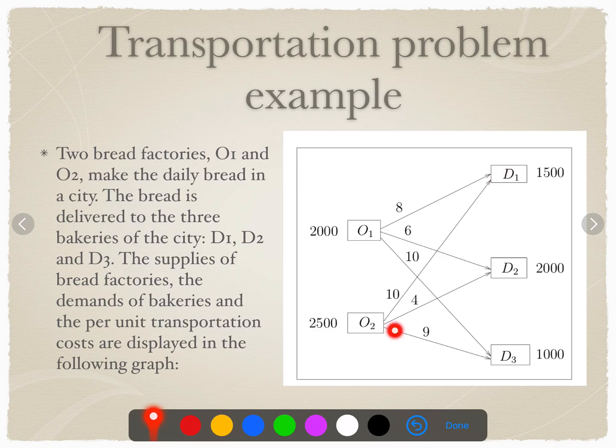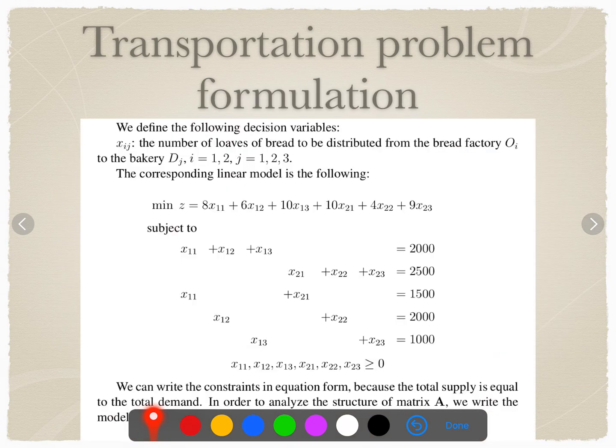Similarly, 10 is the transportation cost for transferring one bread from the second factory to the first bakery. 4 is the transportation cost of one bread from the second factory to the second bakery, and 9 is the transportation cost of one bread from the second factory to the third bakery.